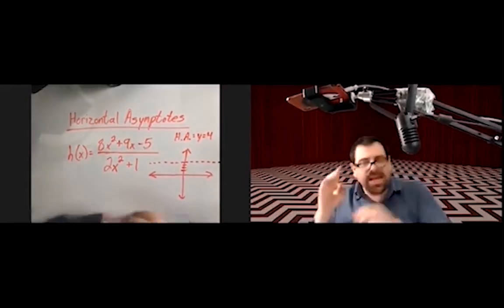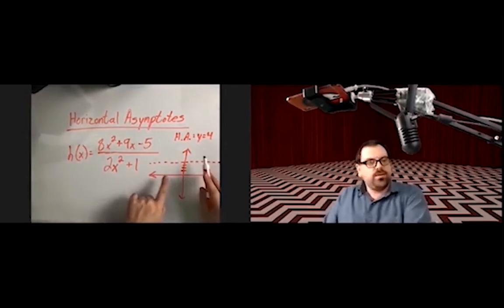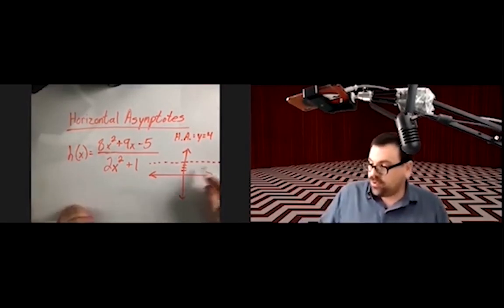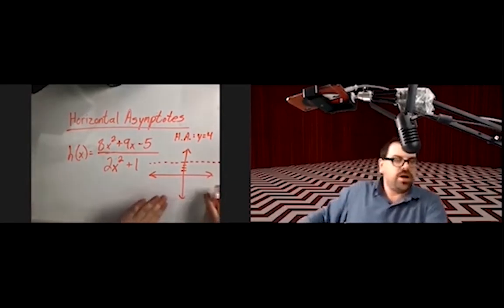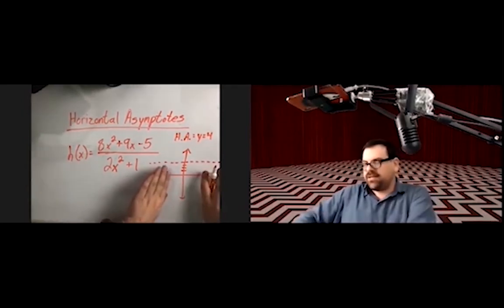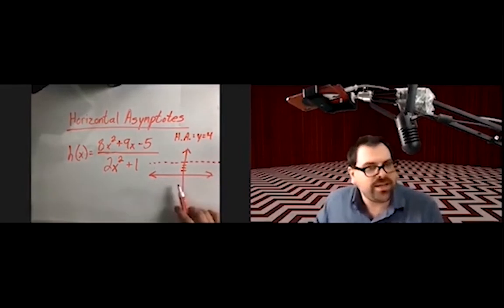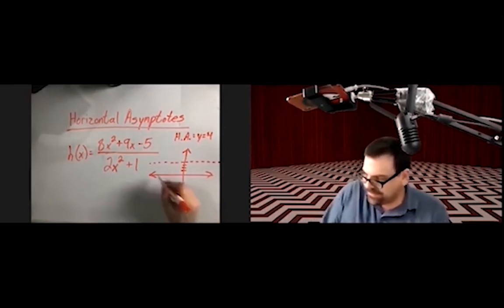Remember that the horizontal asymptote is telling us what we approach for a function value, for a y value. In this case, we're approaching 4 as x approaches positive or negative infinity. So as we get farther out, we're getting closer and closer and never crossing it. But that doesn't mean anything on the inside. So this particular one kind of looks like this.